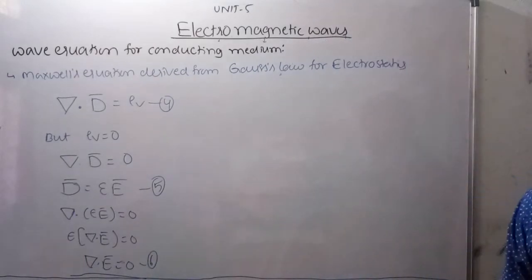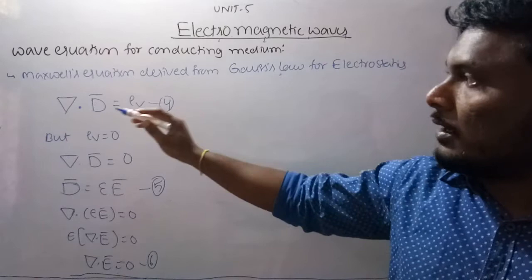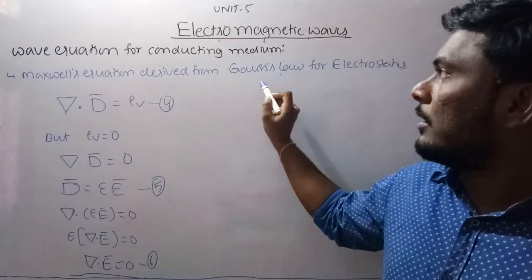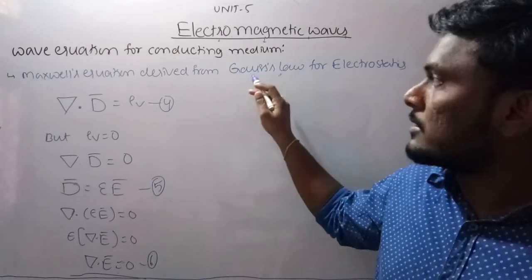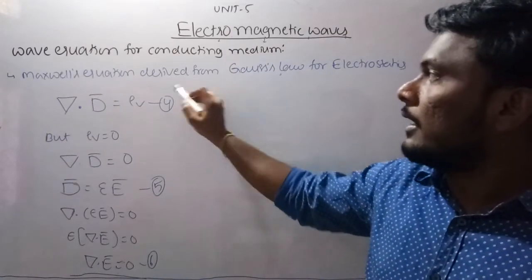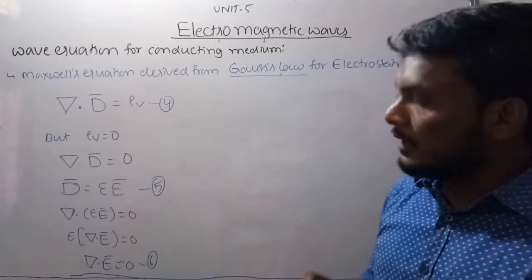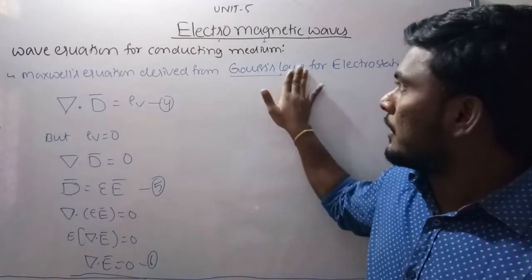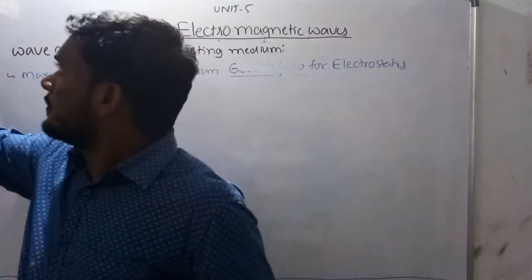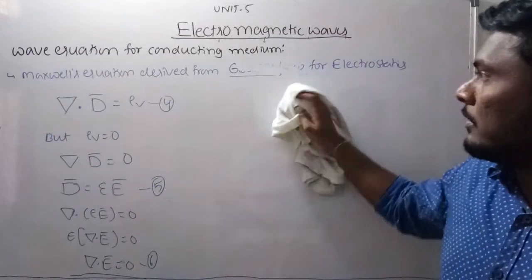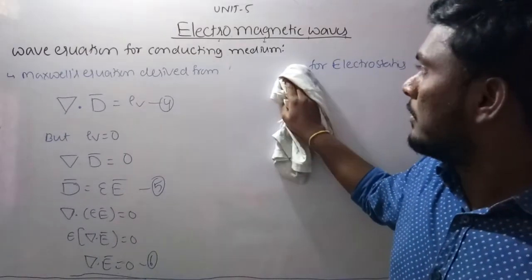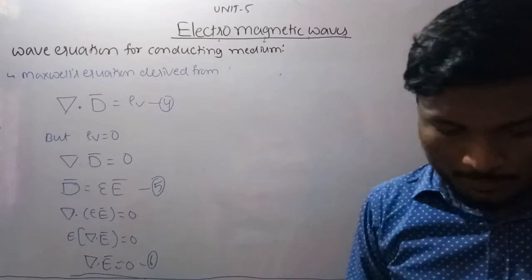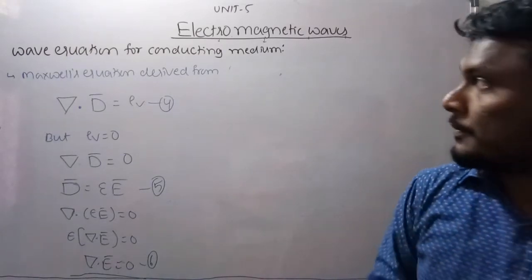Up to now we considered two equations: one is the Maxwell's equation derived from Faraday's law for time varying fields, and the second one is from Gauss law. Similarly, the next equation is the Maxwell's equation derived from Ampere's circular law for time varying fields.